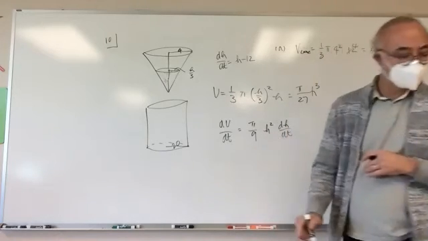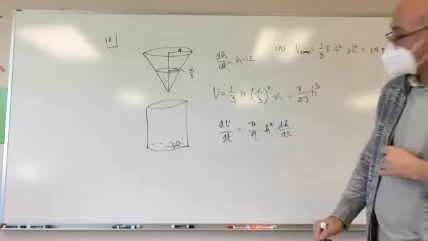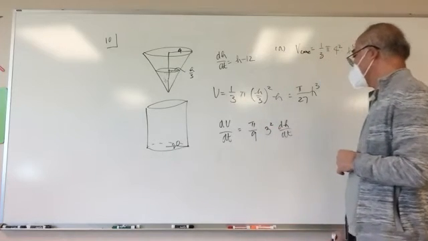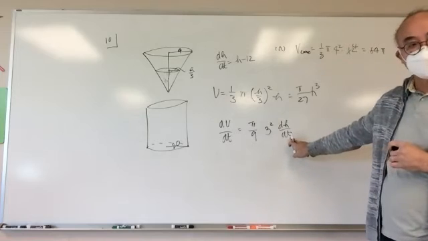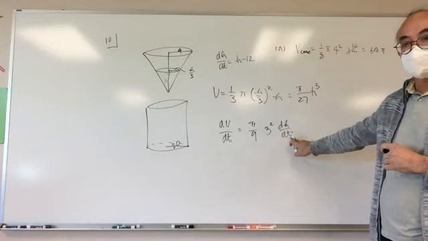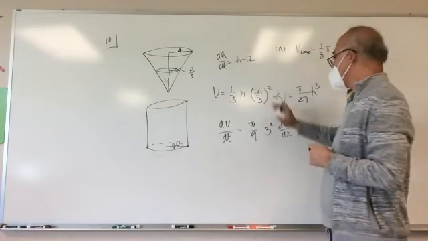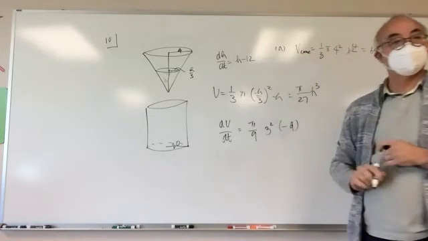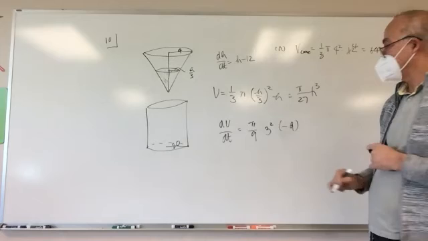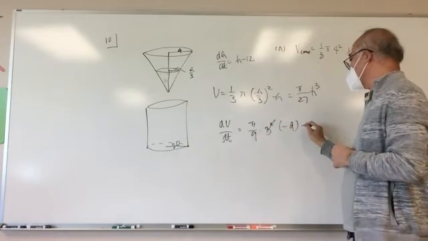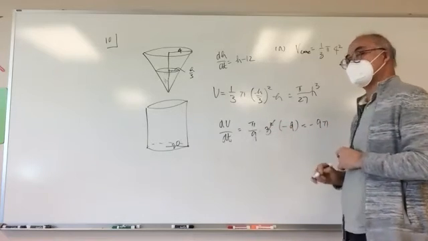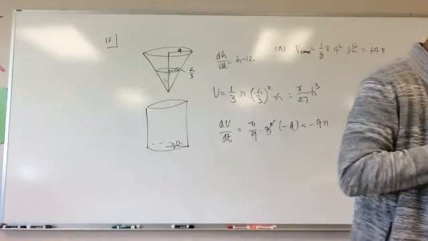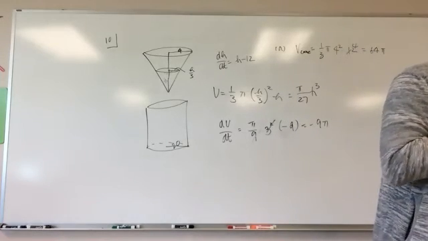H was what? 3. dH dt was what? H minus 12. Minus 9. Right? This cancels out. Minus 9 pi. So it is decreasing 9 pi a minute, right? Or second, or whatever that may be. Okay, so that's that.